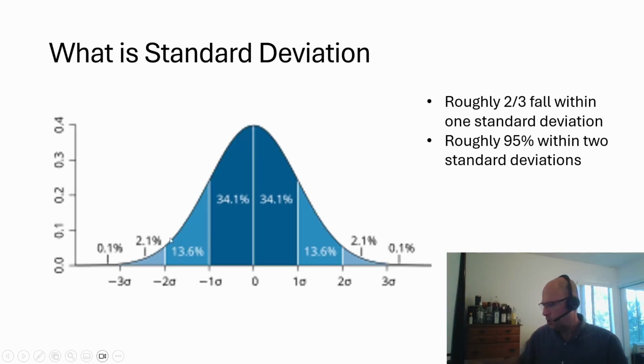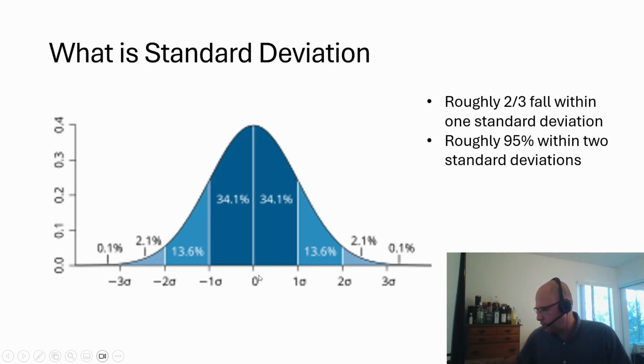This curve here is your standard normal distribution, or basically a bell curve that describes many things, like the distribution of heights in a population. The mean of this distribution here is 0. Obviously heights are not 0, but run with it for the sake of this. The standard deviation is going to tell you what percentage of the population is going to fall within certain buckets.